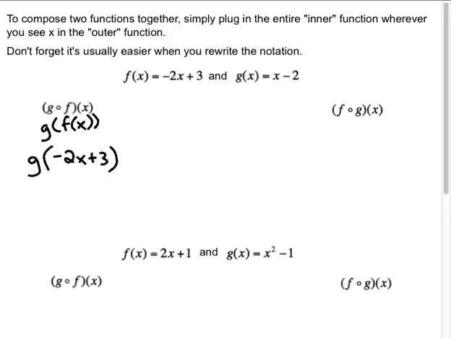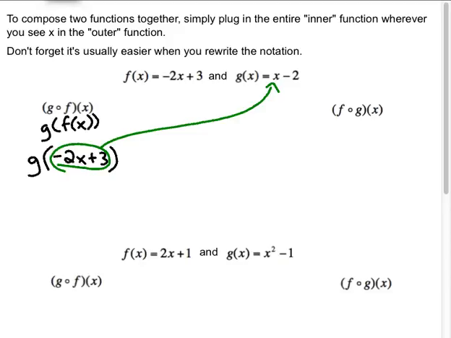So I'm actually going to show plugging that function in. f is negative 2x plus 3, and what I'm going to do with that now is, inside the g function, wherever I see x, I'm replacing that whole thing with that other function of negative 2x plus 3.